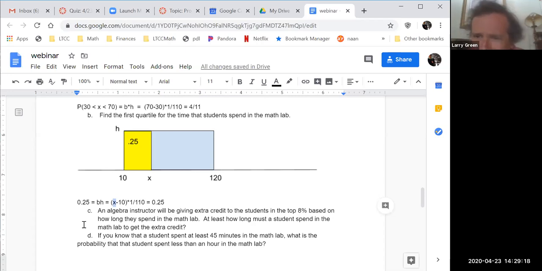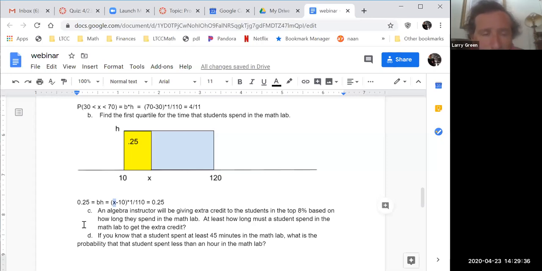Okay, some thoughts, but I was hoping not just a number. The first step is to multiply by 110. Because we have x minus 10 times 1 over 110 equals 0.25.